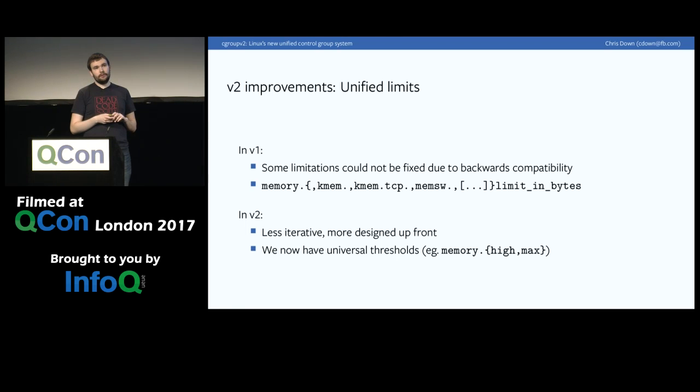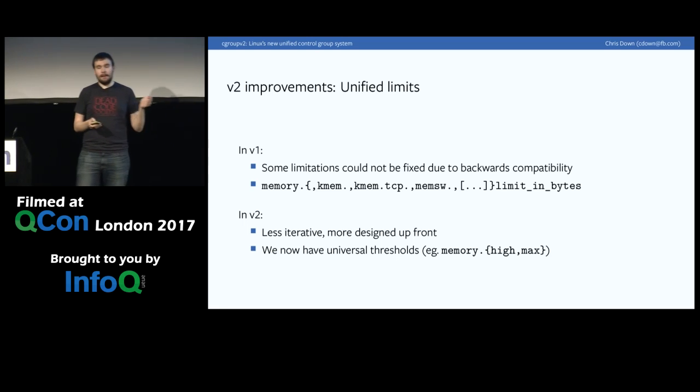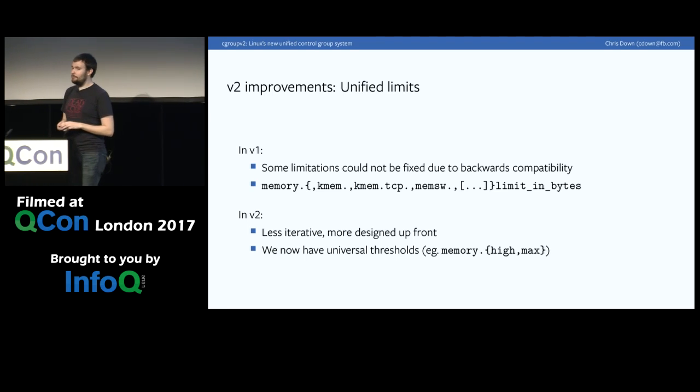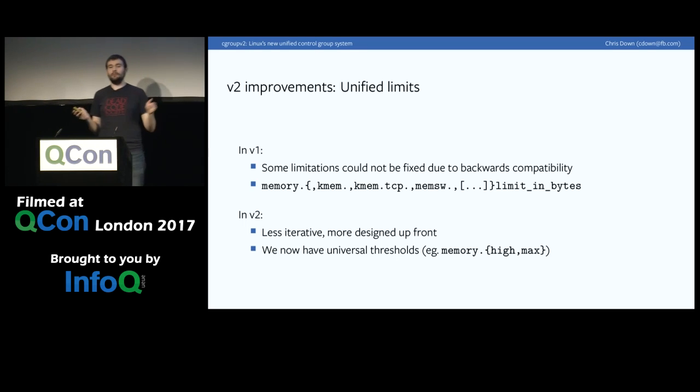And then somebody said, oh, how do I limit kernel memory? And then we went down this path of, oh, how do I limit TCP buffer memory? And then because you can't refactor kernel APIs after they're already in the kernel, you ended up with memory.limit_in_bytes, memory.kmem.limit_in_bytes, memory.kmem.tcp.limit_in_bytes, blah, blah, blah, and memory.swap, and all sorts of things. You ended up with a single limit per every single type.